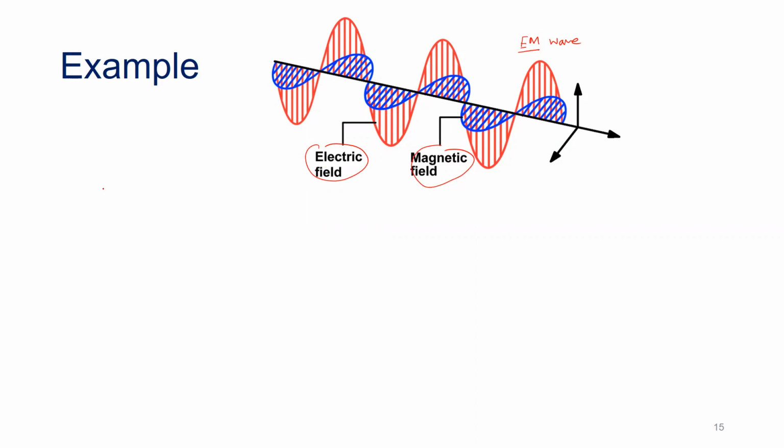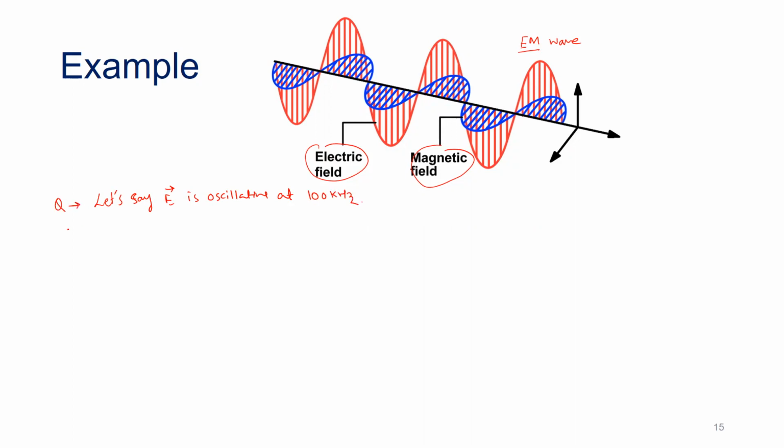So let us say an electric field E is oscillating at 100 kilohertz.